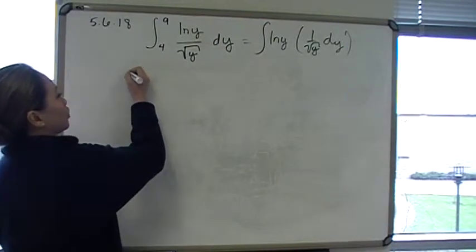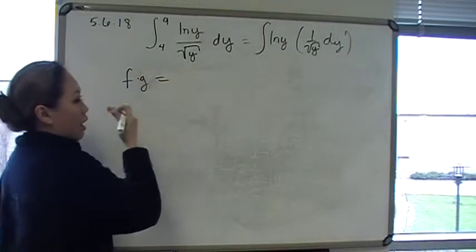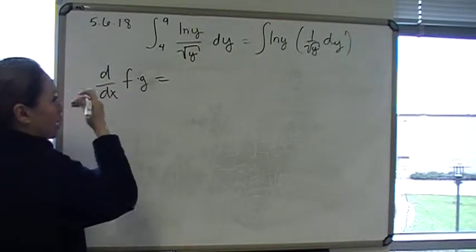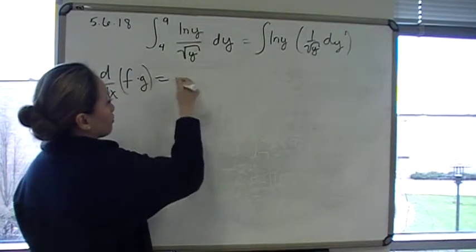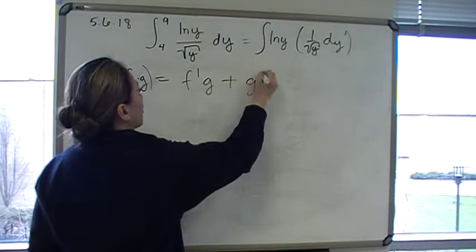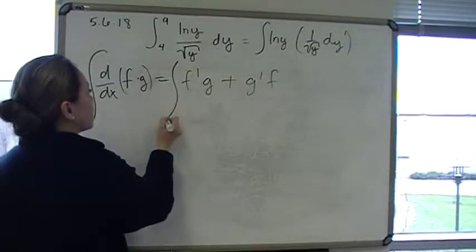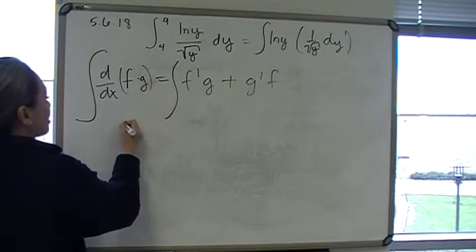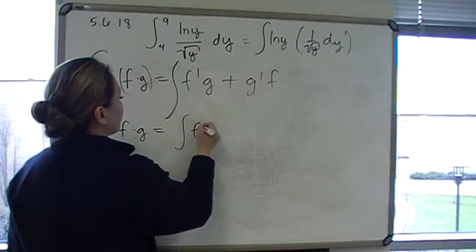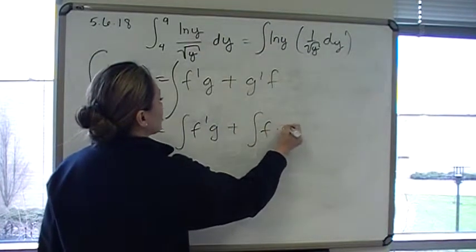So basically the product rule says, for f times g, if we were to take the derivative of that, d/dx of fg, that's going to be f prime times g plus g prime times f. Well, if we wanted to find the antiderivative of that, then what we have is f times g is equal to the integral of f prime times g plus the integral of f times g prime.